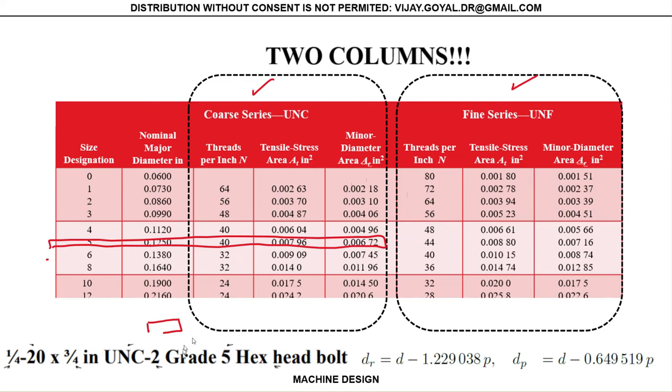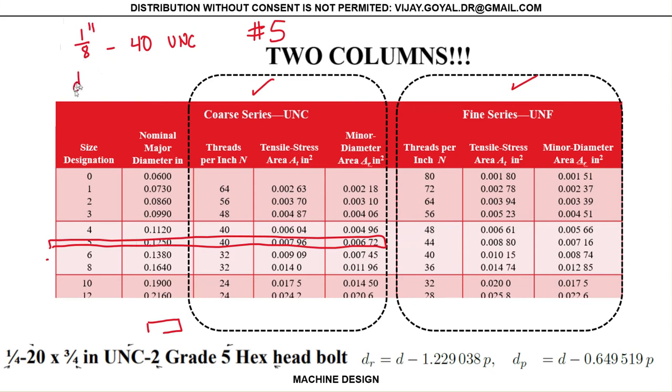So if I say this is coarse, and what if I told you this is 1/8 inches slash 40 UNC? Then if I gave you this, oh, this is right here. This is the designated size, so this is actually screw number 5, and it says this is the major diameter.